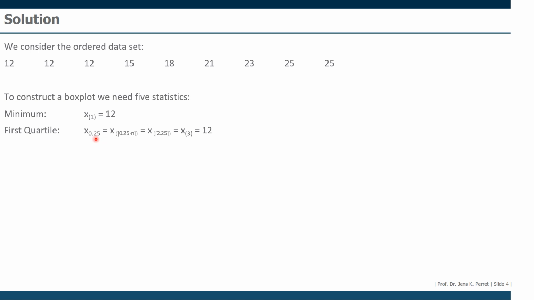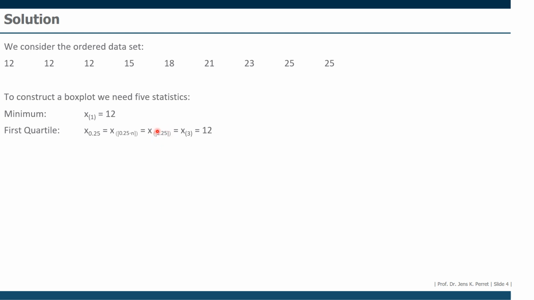For the first quartile, or also the 25% percentile, I'm going to multiply 0.25 with the number of observations. Here I have 9 observations, so 0.25 times 9 gives me 2.25. Since this is not an integer, I'm going to round this up.